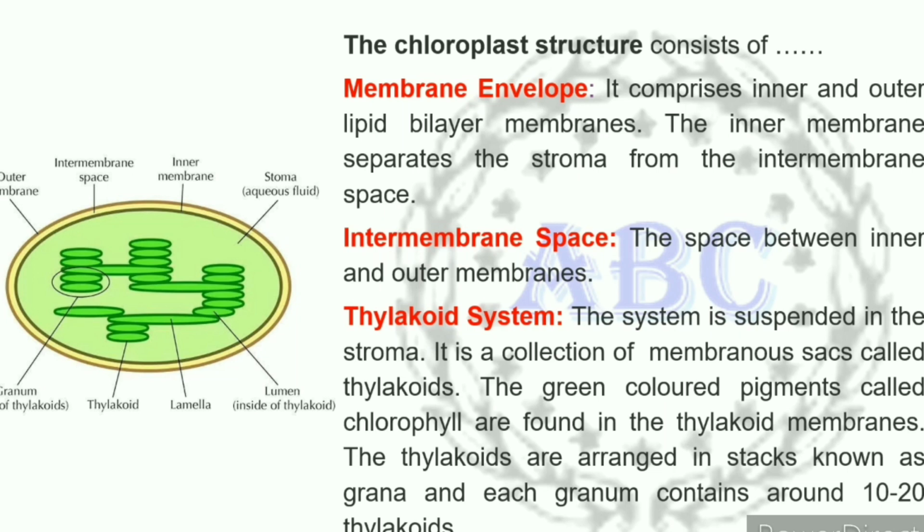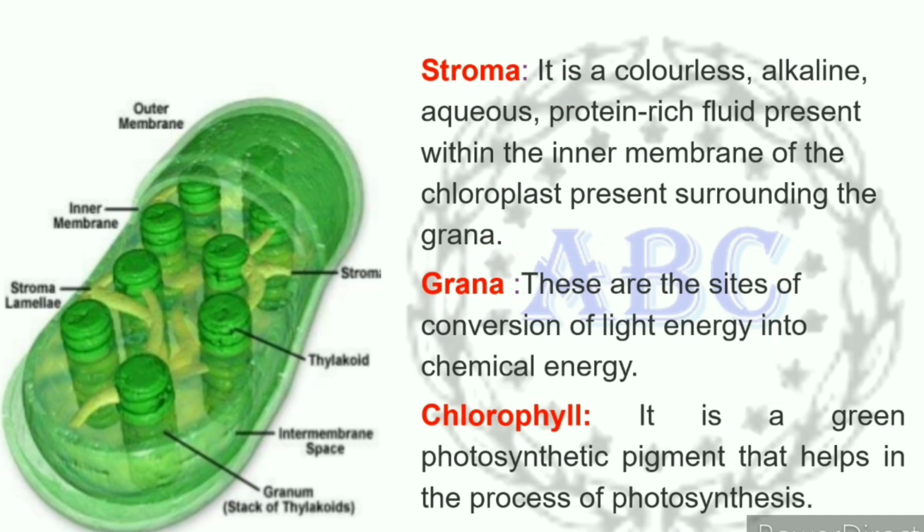And this faint green colored material is called the lumen. The stroma is a colorless, alkaline, aqueous, protein-rich fluid present within the inner membrane of the chloroplast, surrounding the grana. Grana are the sites of conversion of light energy into chemical energy.